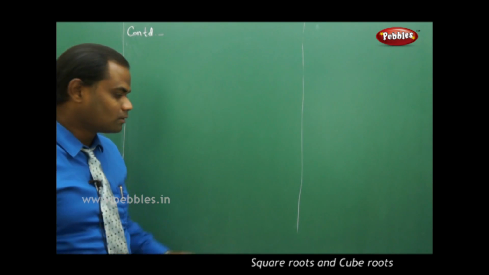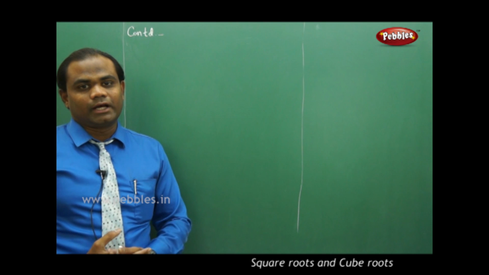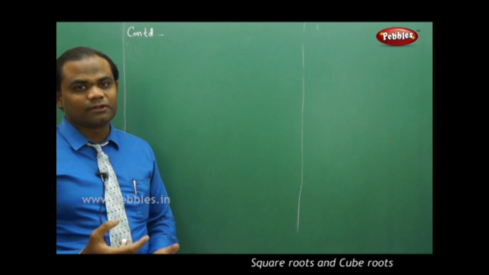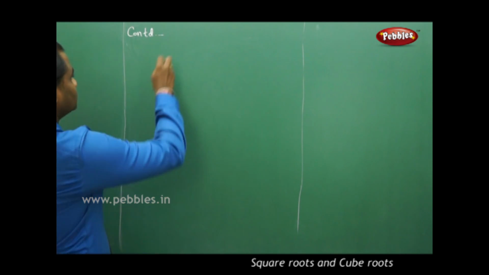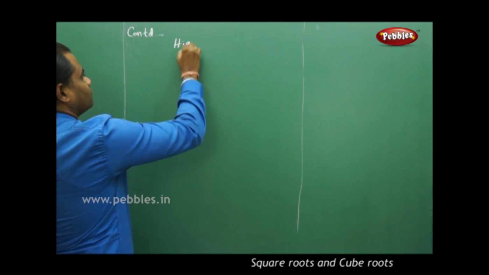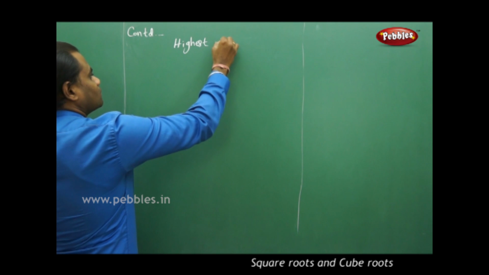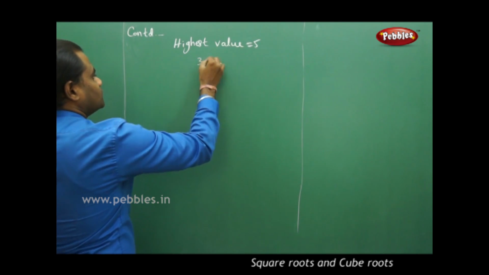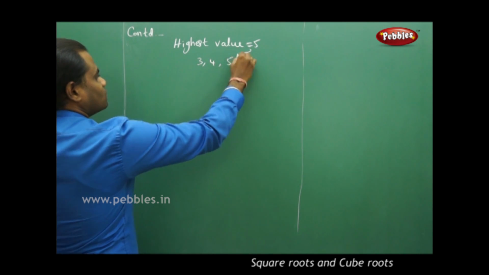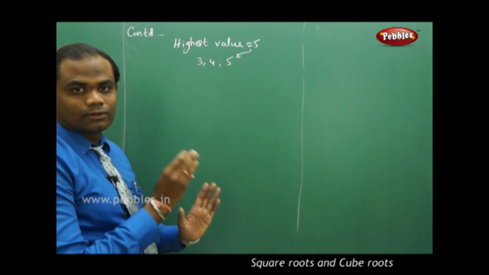So, as continued from the example where I had to find whether the numbers 3, 4, 5 form a Pythagorean triplet, I identify that the highest value in that case is 5. So out of these three numbers, 5 being the highest value, I just square on the left hand side.